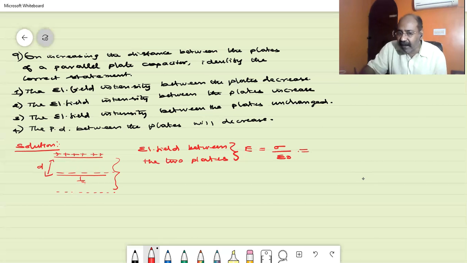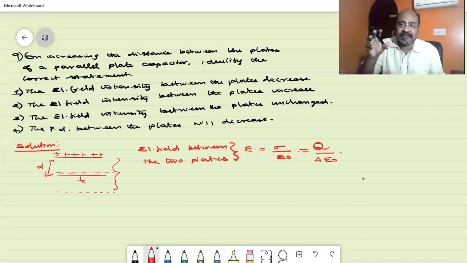So this sigma can be written as Q divided by A, so E is Q divided by A into epsilon 0. These two are the possible formulas for electrical field intensity in between the two plates. This equation is not involving any distance between the two plates.